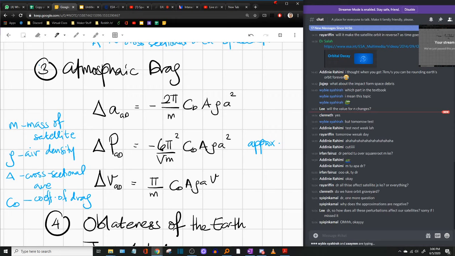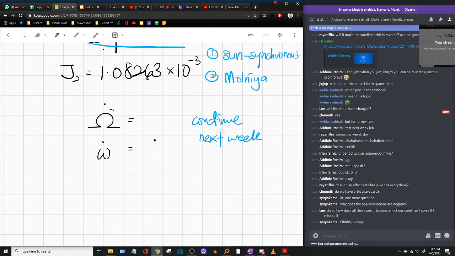It will decay, just like the video I showed you just now. So that's why it's negative. Same thing as period as well, but not velocity. Can you see? It's not negative, it's plus. That means as the semi-major axis is going lower, velocity becomes higher, which is scary.